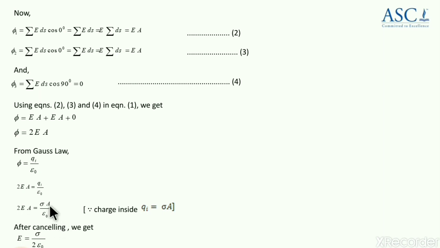Here we don't worry about substituting for area, because on both sides it gets cancelled. That is why I have asked you to keep area as just A. But in the previous derivation, I asked you to write the curved surface area, which was 2 pi RL. Here no need to worry, you just write A, because it cancels at the last step and you end up getting only E equals surface charge density divided by 2 into epsilon naught.